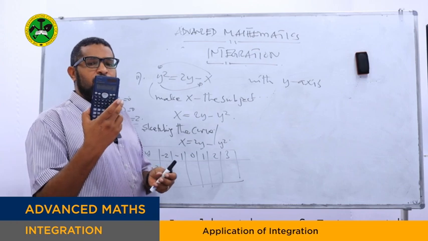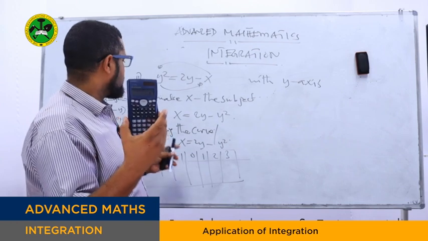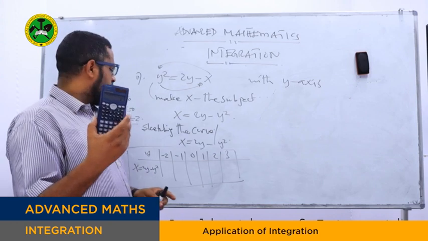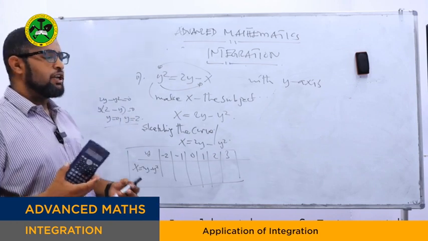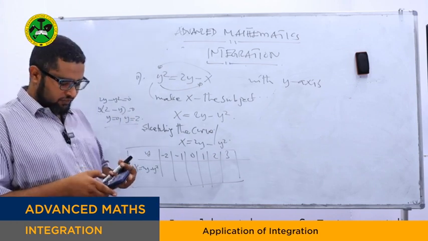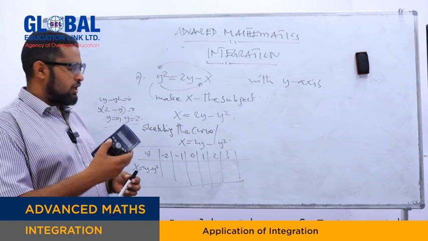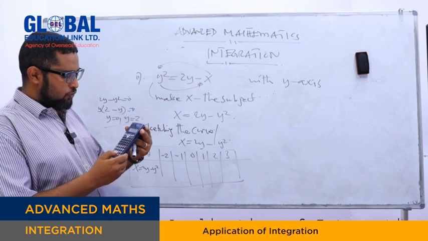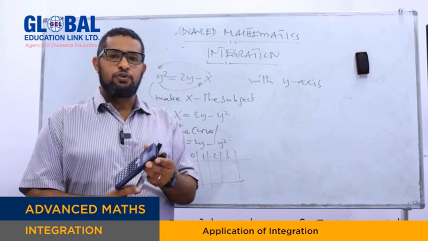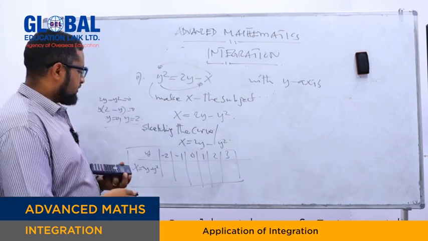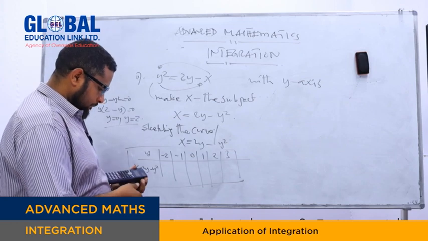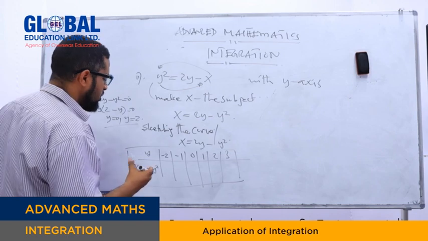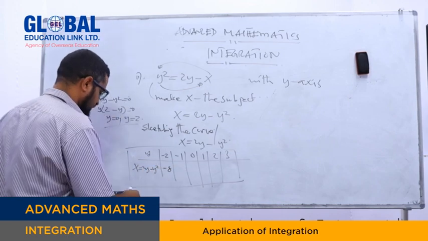This is the function that you are given, x equal to 2y minus y squared. Let's see, when the value of y is equal to negative 2, what is the value of x? We calculate, and we obtain negative 8.